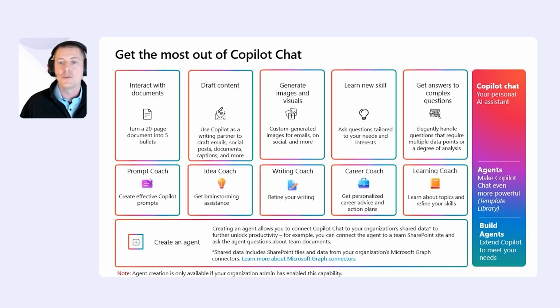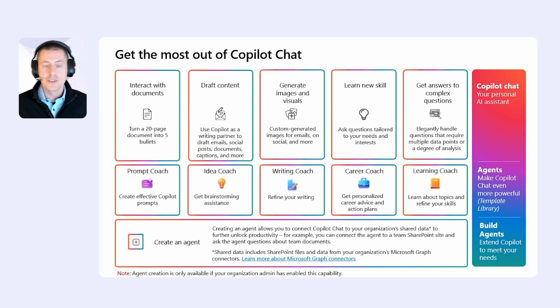Let's look at, for example, the Copilot Writing Coach. It can assist users by providing personalized feedbacks on their writing skills to really help improve clarity, grammar, overall efficiency, and offer suggestions based on tone, style, structure, to really make sure we bring our A game when we write in communication more impactful and more professional. Another example is the prompt coach.